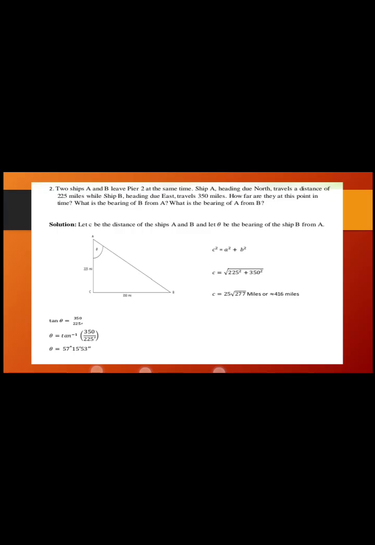C is equal to 25 square root of 277 miles, or approximately 416 miles. So tan theta is equal to 350 over 225. Theta is equal to tangent inverse of 350 over 225. So theta is equal to 57 degrees, 15 minutes, and 53 seconds.